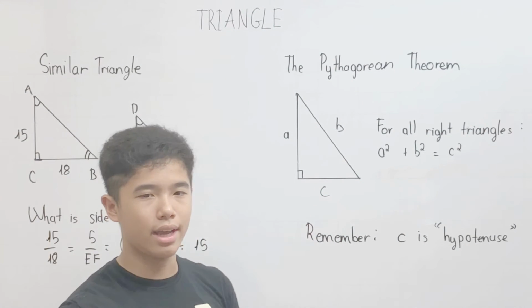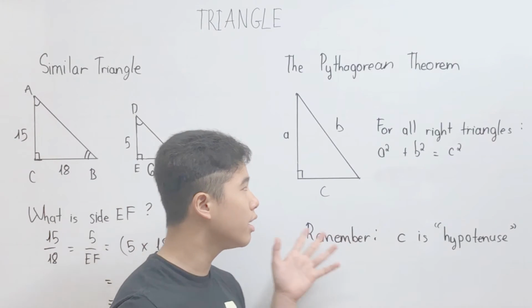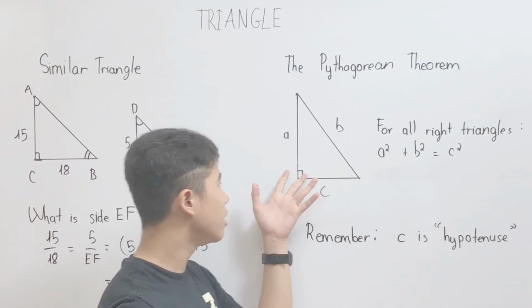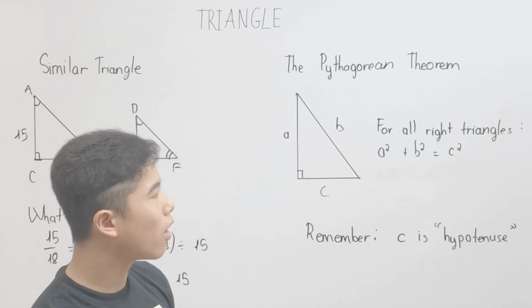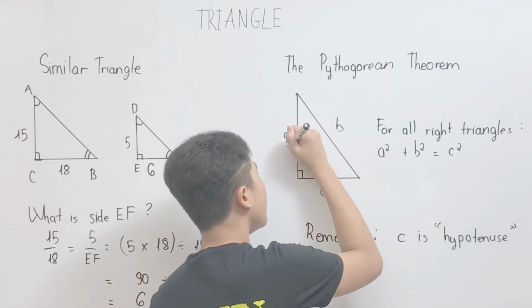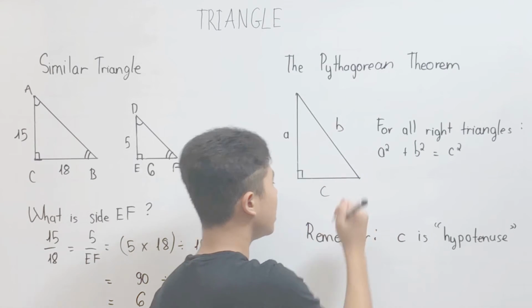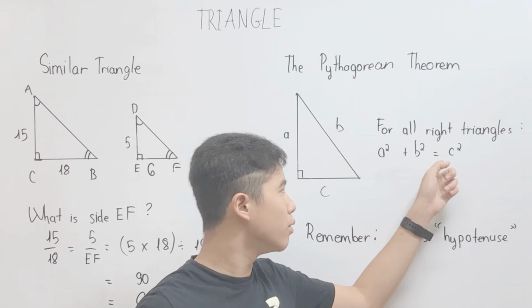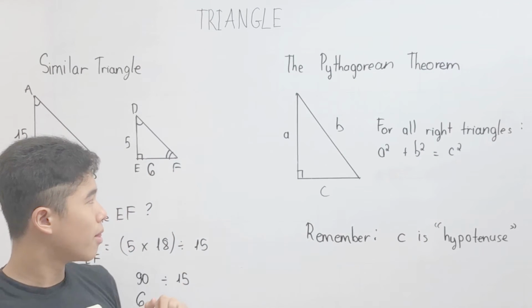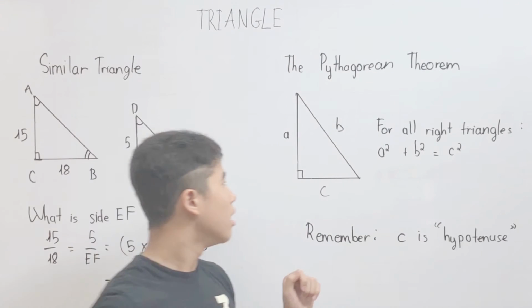Any right triangle, we can use this equation for any right triangles. For all right triangles, A squared plus B squared is equal to C squared.